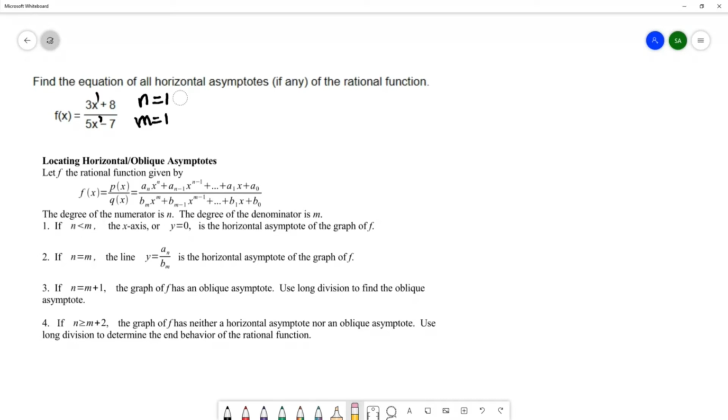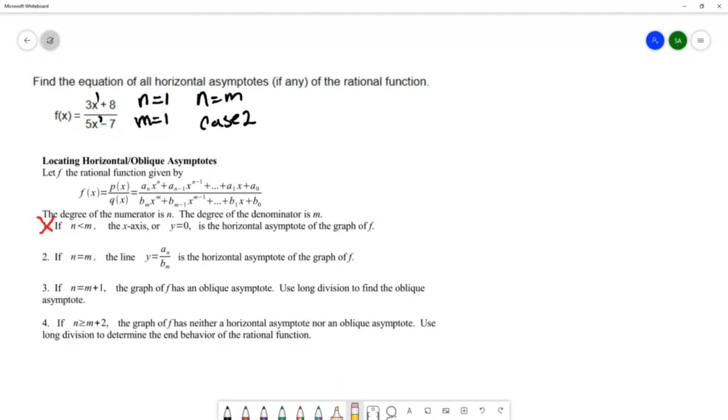That's not the situation here, so we don't have case 1. Let's take a look at case 2. Case 2 has n equal to m, the degree of the numerator equal to the degree of the denominator, and that's exactly what we have. n is equal to m. So we are in case 2.